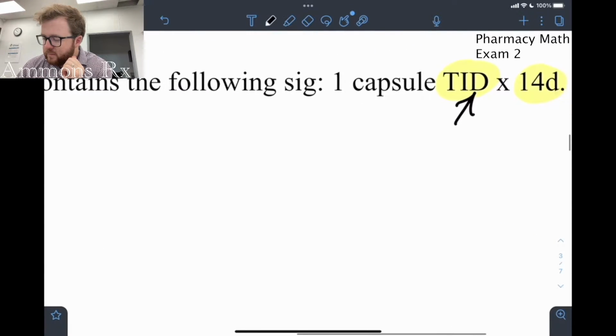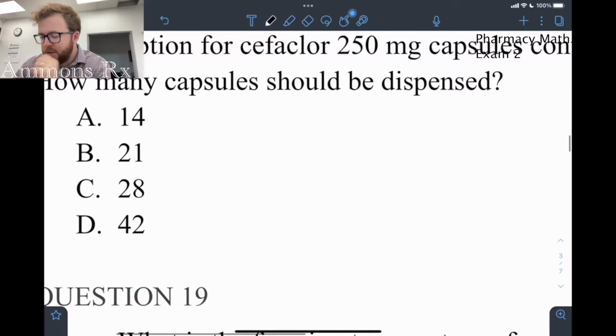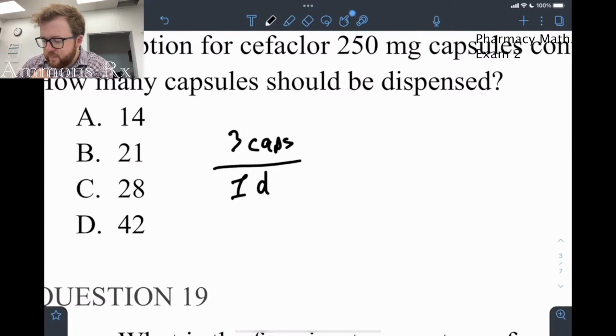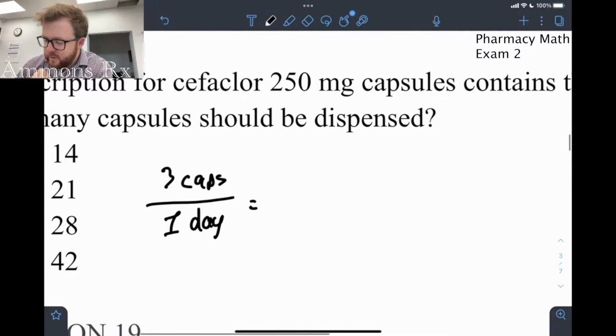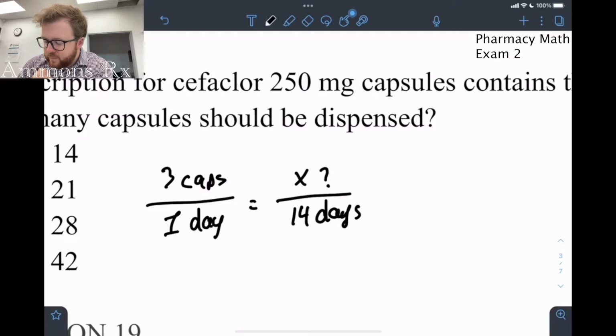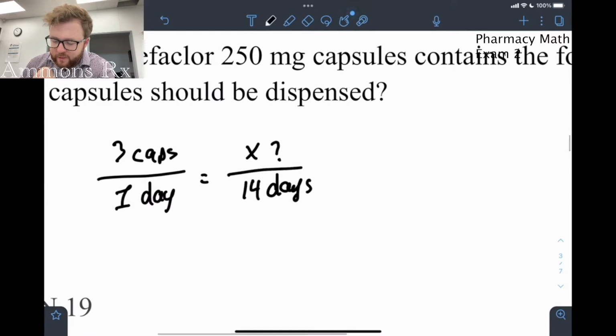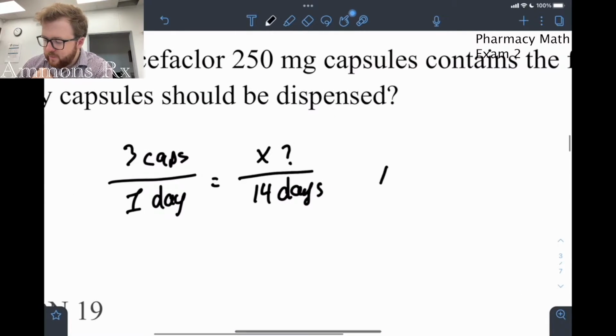So they take one capsule 3 times a day. So that's 3 caps in a day. And on this side, you need to have how long they're going to take it, which you don't know, and then you have 14 days. So it turns into 14 times 3, which is going to be 42 caps.